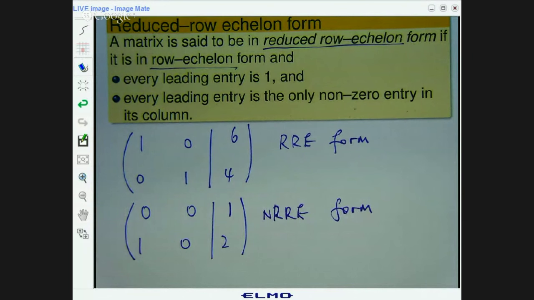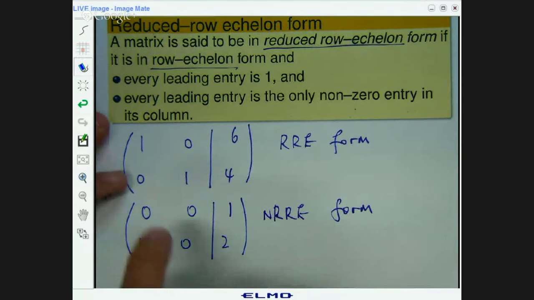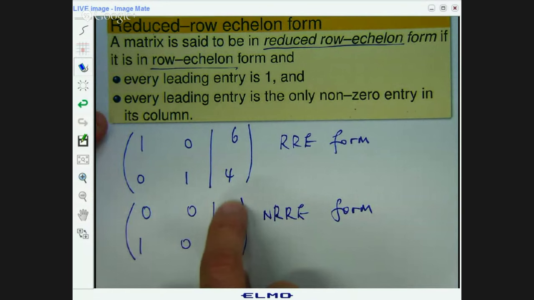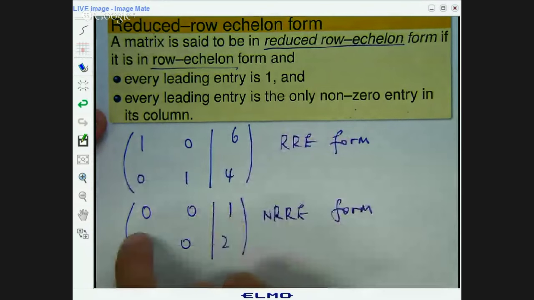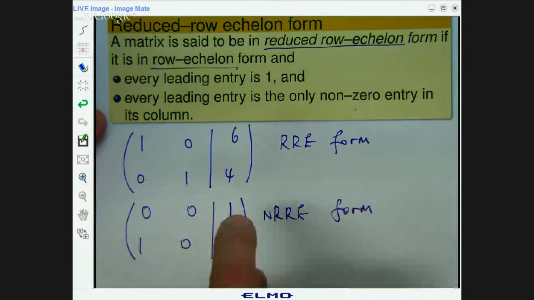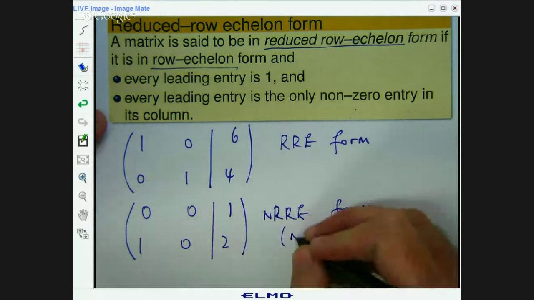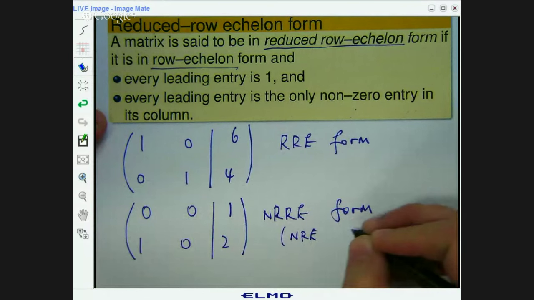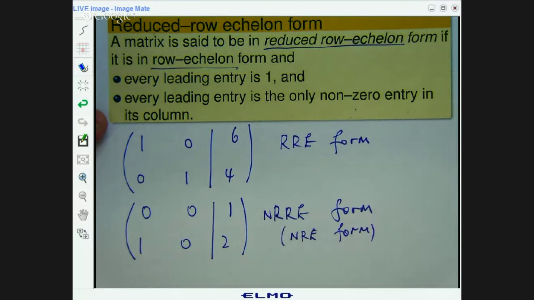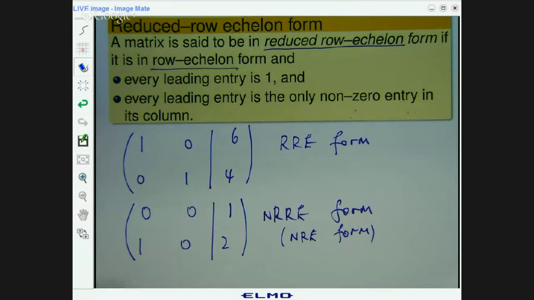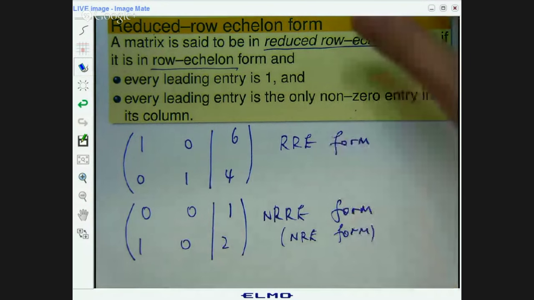Because you can see here in row 1, that's the leading entry. That's the first non-zero entry. And as we move down our matrix, we have to move to the left to get to the next leading entry. So this is not in row echelon form, and therefore it cannot be a reduced row echelon form.